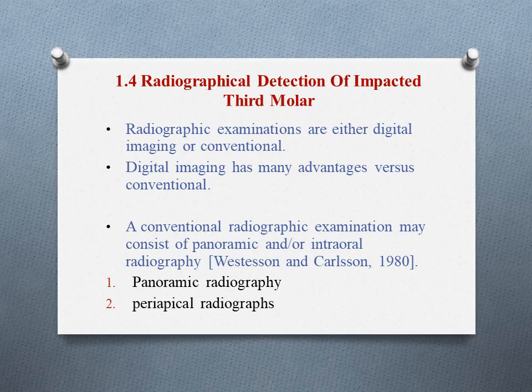Periapical radiographs are generally used to assess the impacted wisdom tooth, but they have a major limitation in the visibility of the jaw and associated structures like the inferior alveolar canal. Due to this reason, the OPG is the radiograph of choice, especially when multiple impactions are being assessed.